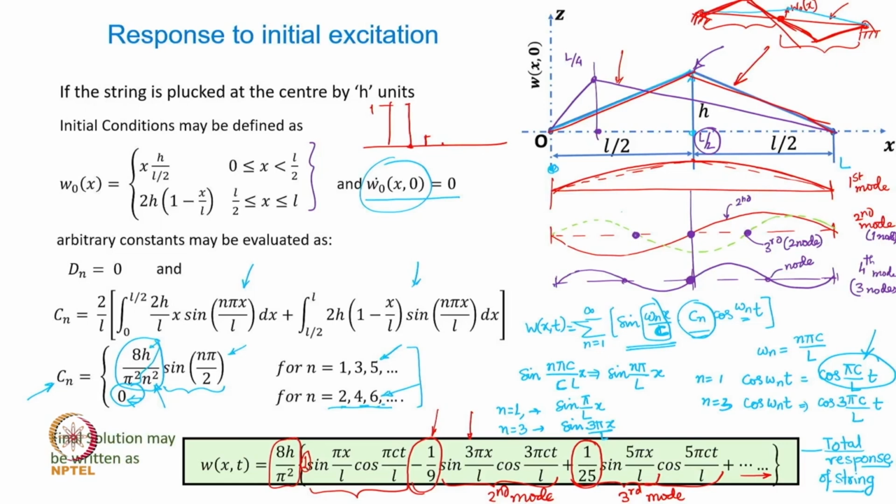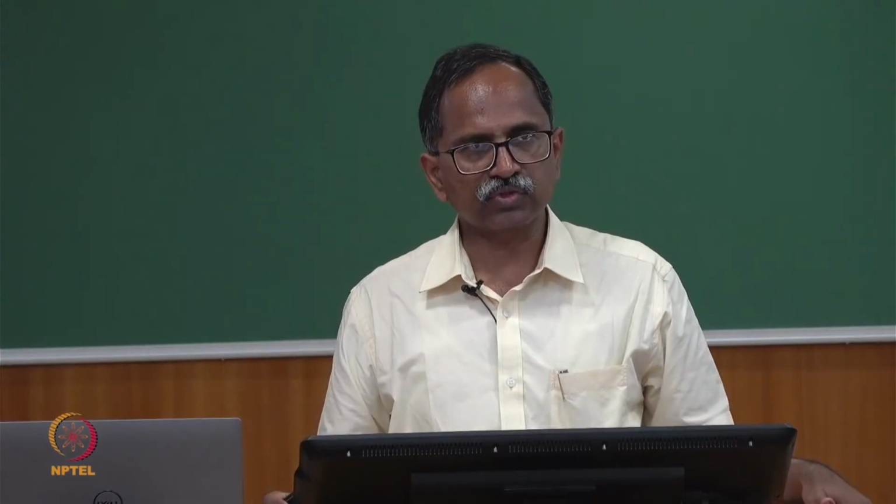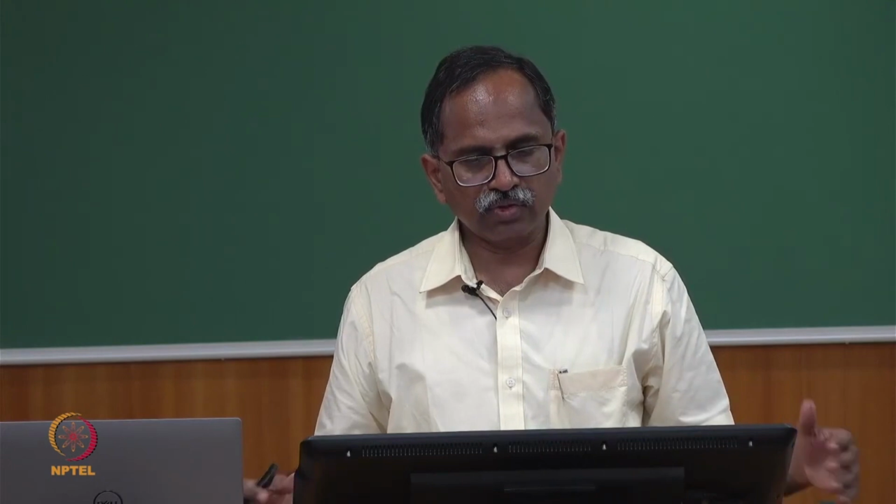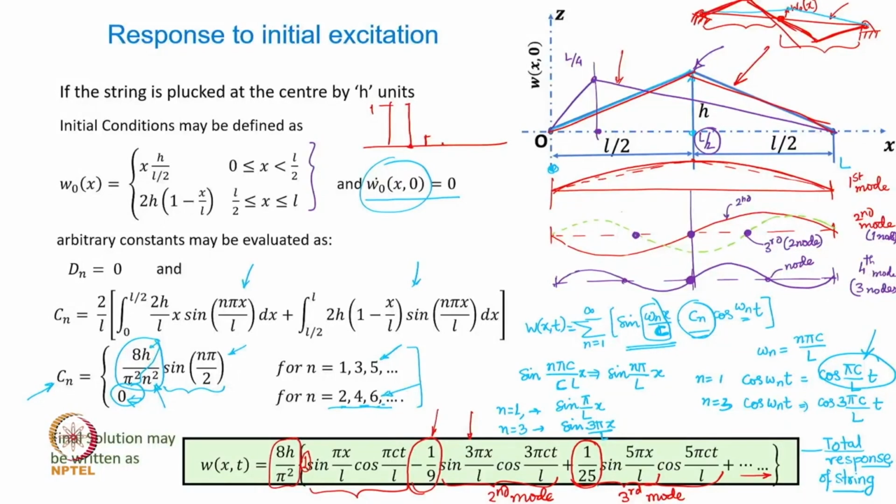It's quite similar, and so you can see that what you learned in a single degree of freedom system is simply getting extended for such a continuous system also. So if you know things on the single degree of freedom, you understand the more complex vibratory systems more easily and better.